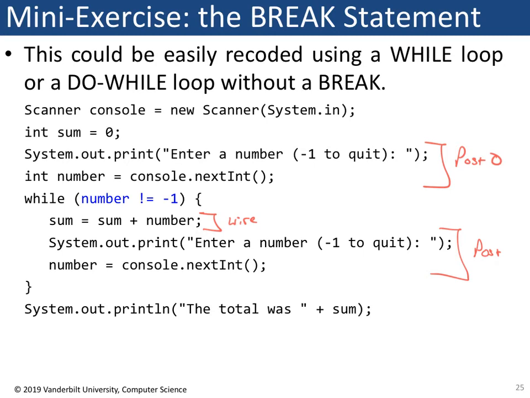So we get an initial input from the user, check to see if it is the sentinel. If it's not, then we sum it with our current sum, get another input from the user, and then check to see if it's the sentinel. So in this way, we have fixed the fencepost problem and moved our initial post outside the loop, and continued from that point on inside the loop with a while-then-post format. So we didn't need the break statement. The break statement was really just there because it was originally coded non-optimally.